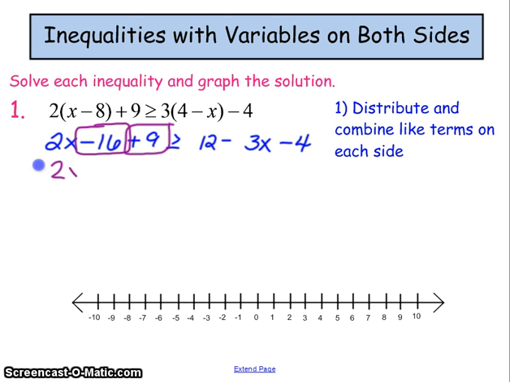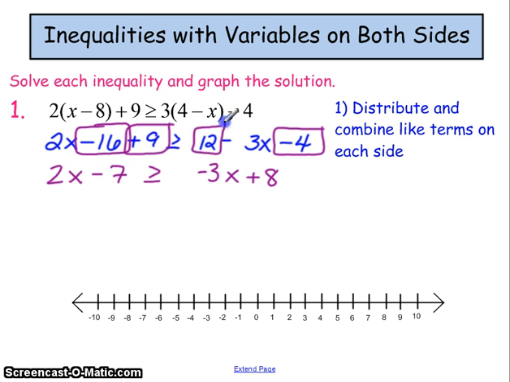So 2x and then negative 16 plus 9 gives me negative 7. And we still have greater than or equal to. And then on the right side, our like terms are the 12 and the negative 4, which is going to give me negative 3x plus 8.